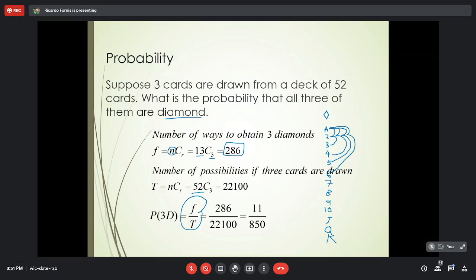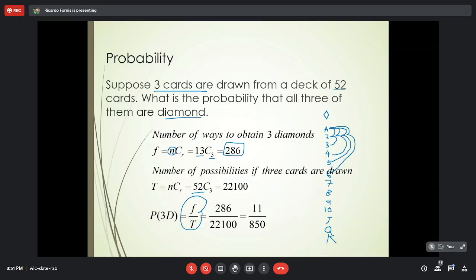Let me check if we can give an answer to that. No? So again, let's answer the question. Suppose you are given three cards or drawn three cards from a deck of 52 playing cards. What is the probability that all three are of the same kind? Meaning, if it is heart, then the three cards are all hearts.